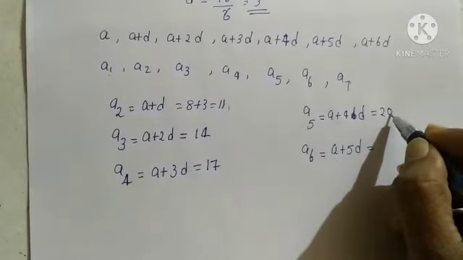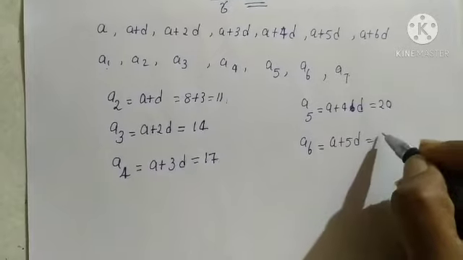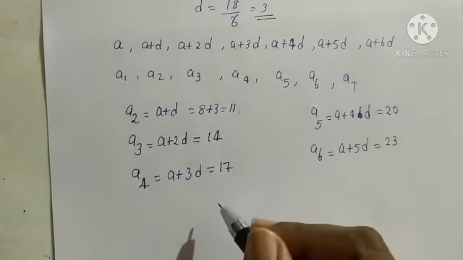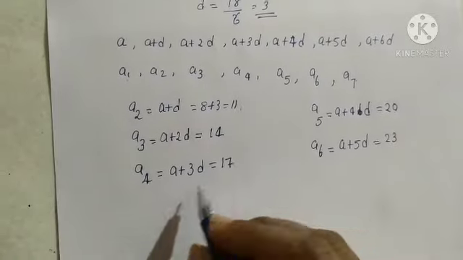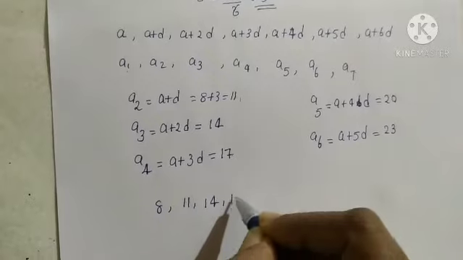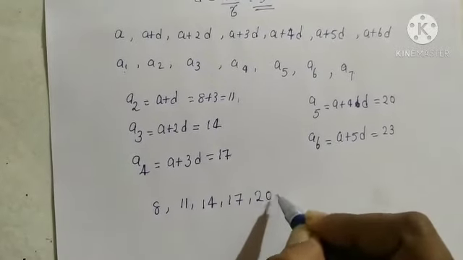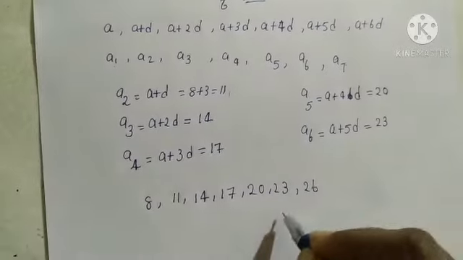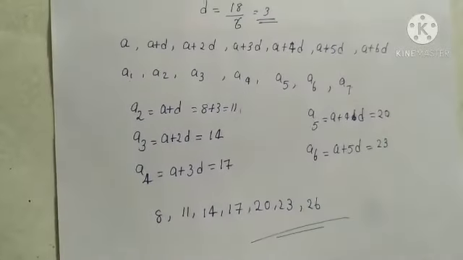Adding 3 again, we get the A6 value, 20 plus 3 is 23. So the required numbers are 8, 11, 14, 17, 20, 23, 26. I hope you understood this question.